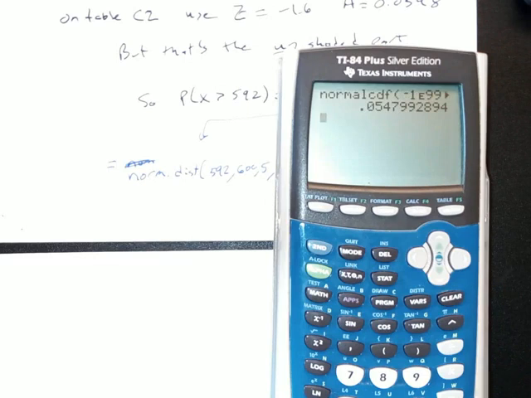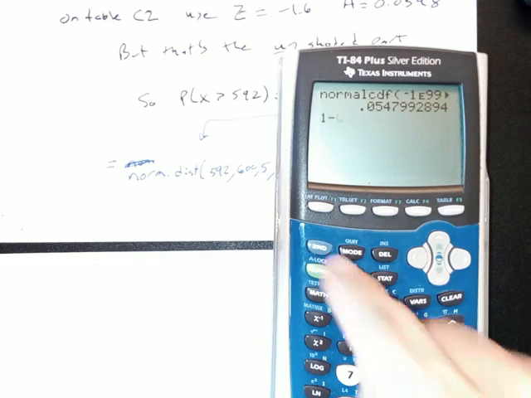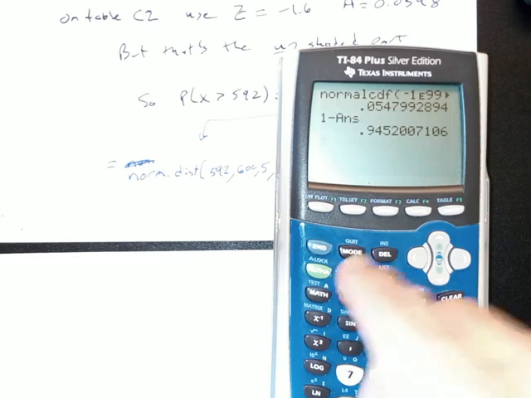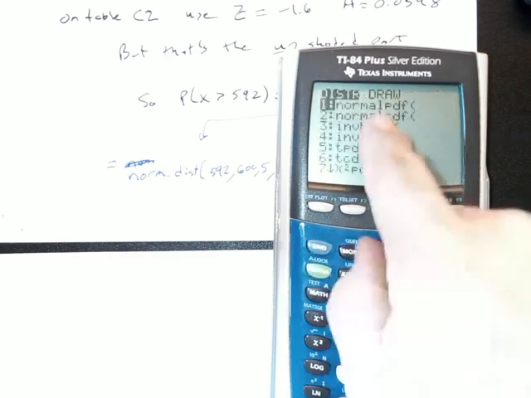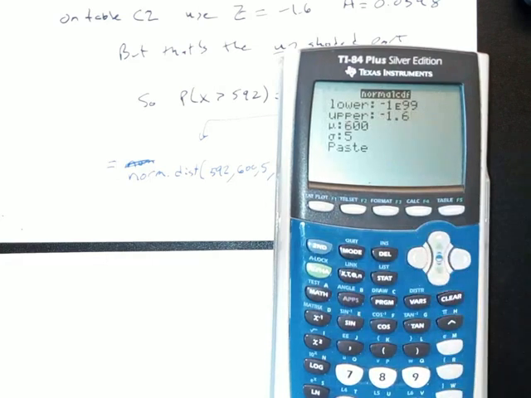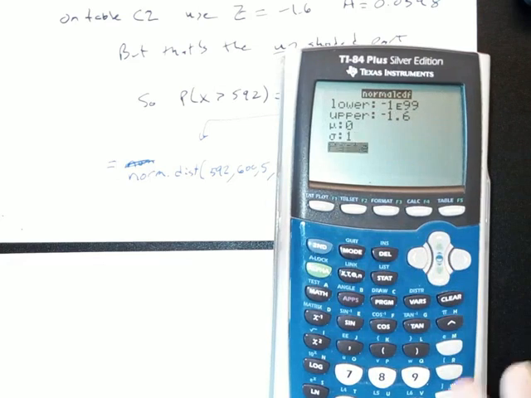0.0548 if I round. And then I want 1 minus that number, 0.9452. If I did it in the standardized forms, distribution, normal CDF, negative 1.6 with an average of 0 and a standard deviation of 1, because that's what standardizing my data does, it changes the average to be 0 and the standard deviation to be 1.